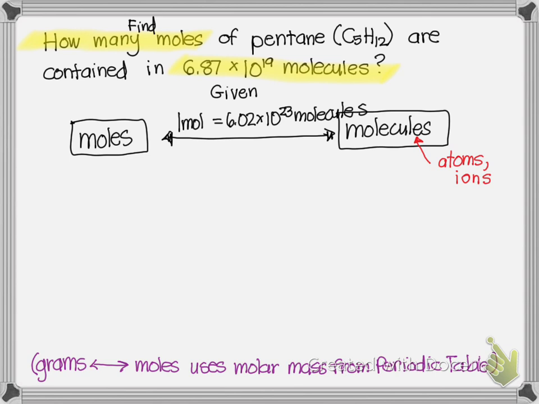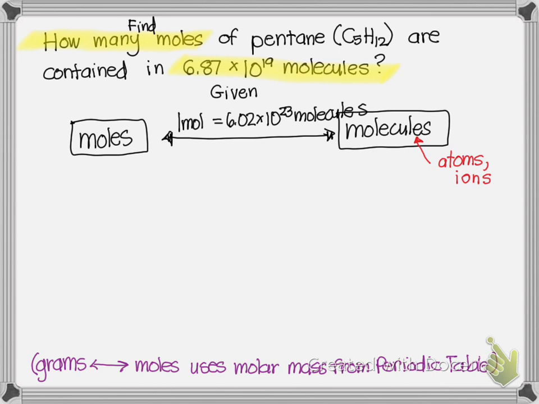But if you're just going from moles to molecules and you're using Avogadro's number, you don't have to know the molar mass because we're just counting how many there are. It doesn't matter what there is. Just as an example, if we're doing the counting unit of 12, which is a dozen, if I have a dozen donuts, a dozen eggs, a dozen friends, no matter what I have a dozen of, I have 12.